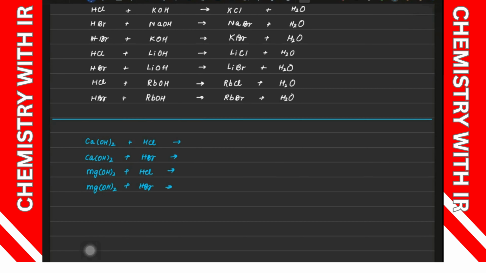Now I am supposed to write magnesium chloride, calcium chloride, magnesium bromide, and then water. Here it is 2 because the charge for magnesium and calcium is 2, since they are in group 2.